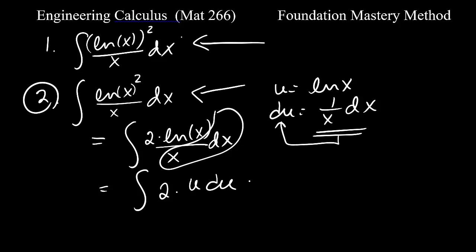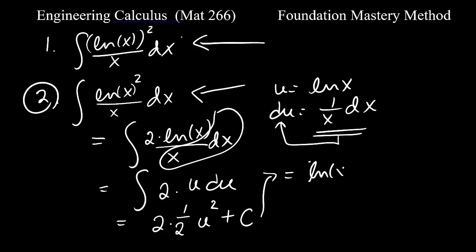So this problem becomes the integral of 2u du, which is 2 times u squared times 1/2, plus our constant of integration. Then simplifying this and back substituting, we have u squared, which is (ln x) squared, plus our constant of integration.